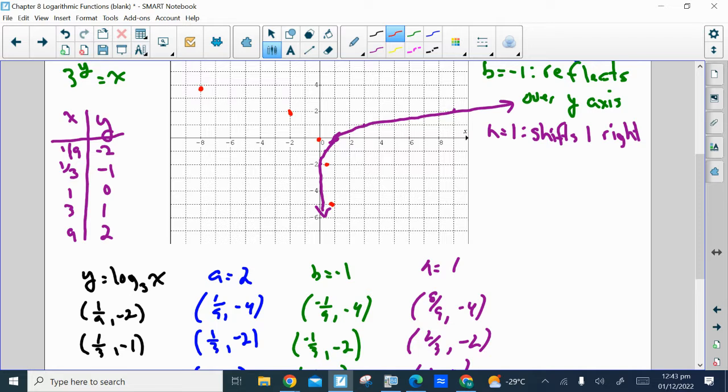So this graph was vertically stretched, which doesn't change its position, it reflected over the y-axis, and also shifted 1 to the right. Because of that, our vertical asymptote shifted 1 to the right. It is at x equals 1.